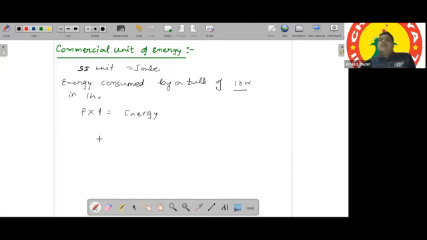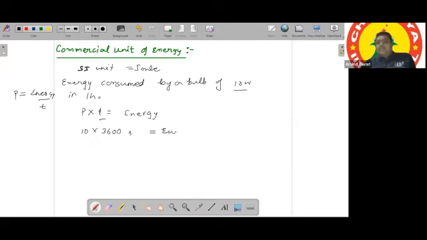Since power is given by energy by time or work by time. The power of the given bulb is 10 watt in the SI unit, multiplied by time also in SI unit, which is 1 hour. So 1 hour is equal to 3600 seconds, right?